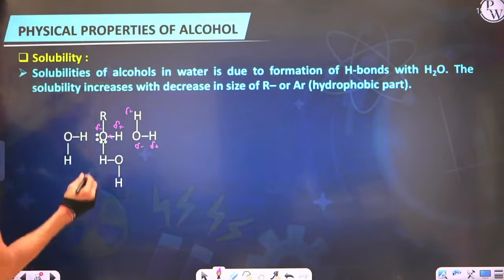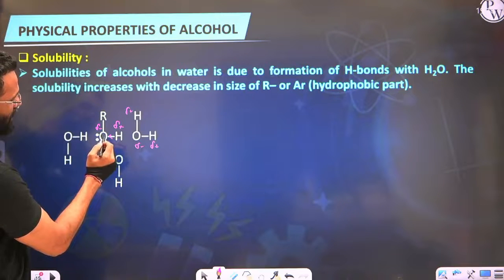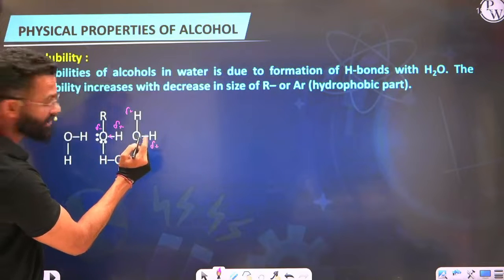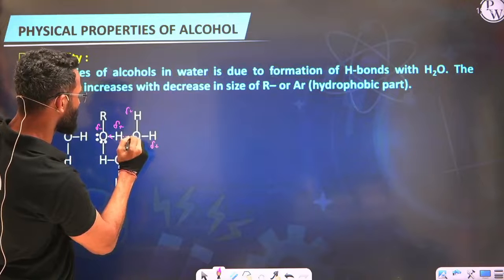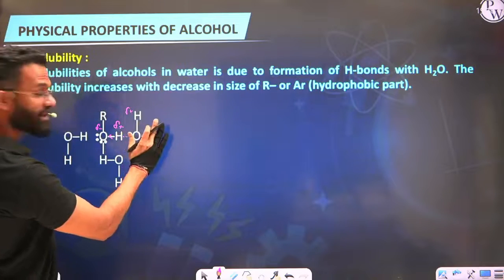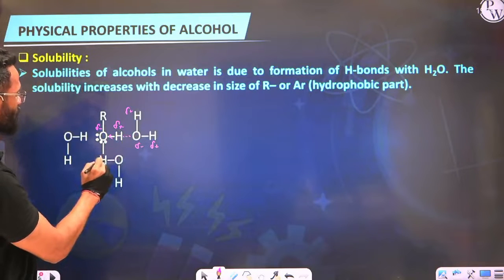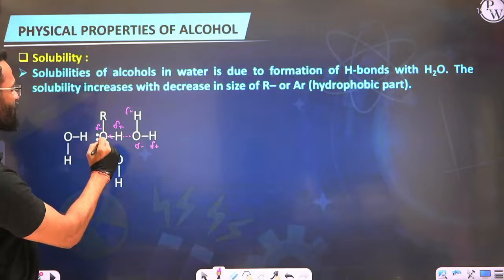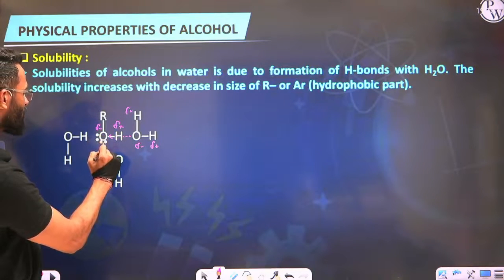Now, when the hydrogen of an alcohol, which is itself connected to an electronegative atom, comes in the closest vicinity of another electronegative atom carrying at least one lone pair, they attract each other to form a bond called hydrogen bonding. Similarly, the hydrogen of water carrying delta plus charge, coming in the vicinity of the oxygen of alcohol carrying a lone pair, will also be associated via hydrogen bond.